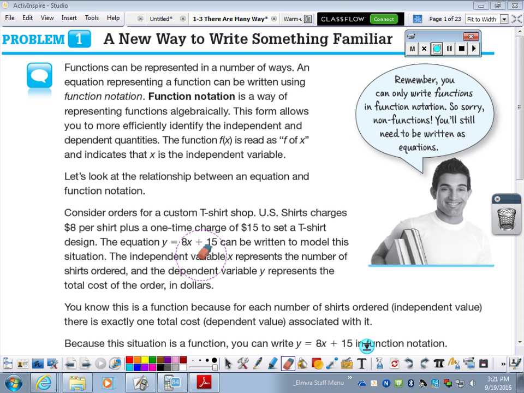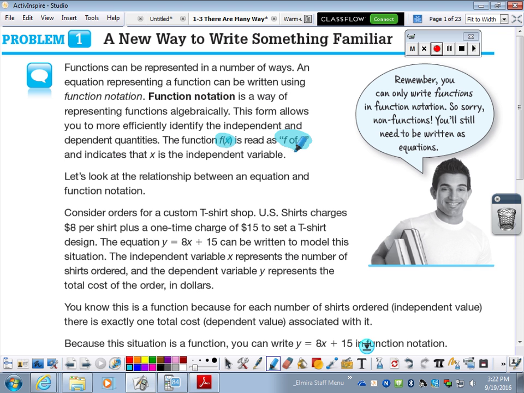First, we talked about yesterday, meaning Friday, that function notation, f of x. We say it "f of x," and it represents the dependent variable, and it's the same thing as y.